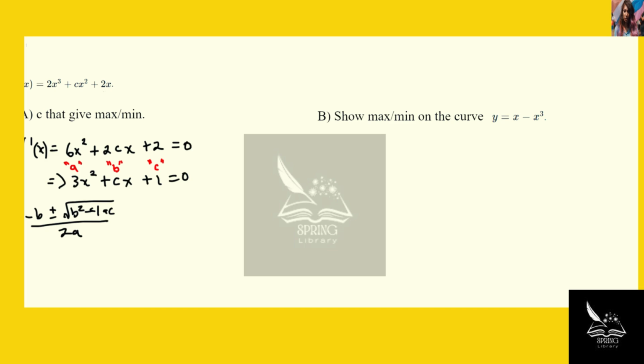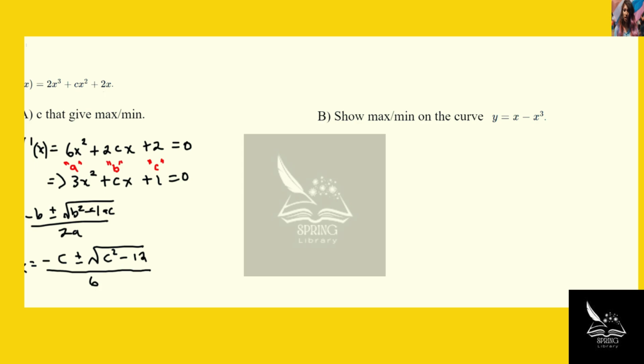Plugging everything in, we get negative c plus or minus the square root of c squared minus, well, a is 3 and c is 1, so we get 12, all over 2 times a, which is 6. So we get this for all of our possible solutions.